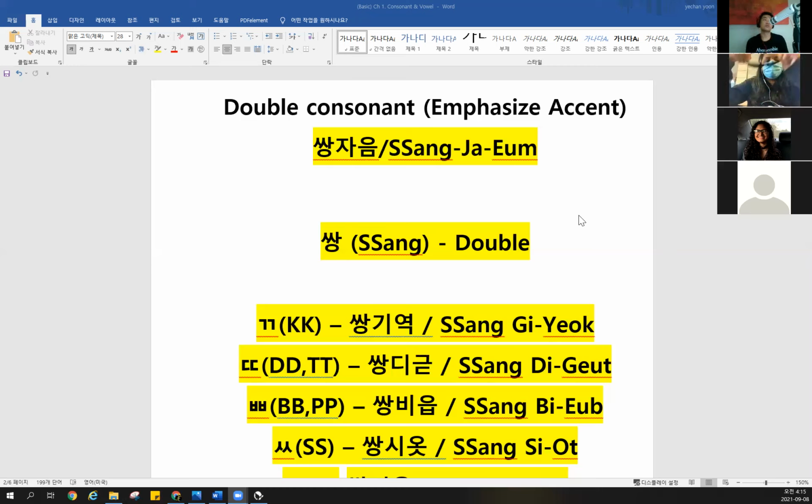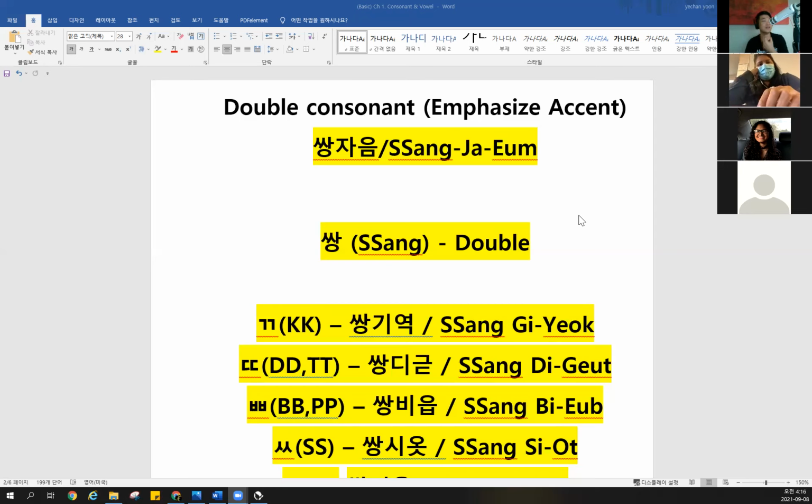But if we put a double in it, double is pronounced 쌍. Let's say double eyelid. In Korean, you can say 쌍꺼풀. 꺼풀 is like eyelid, and 쌍 means double. So 쌍꺼풀 can be the example of the double.